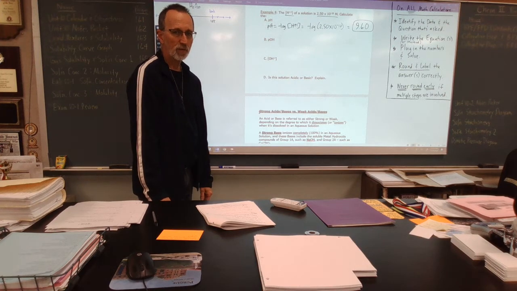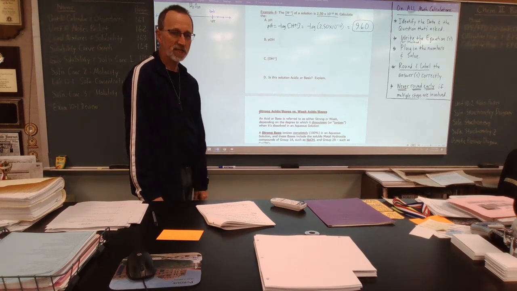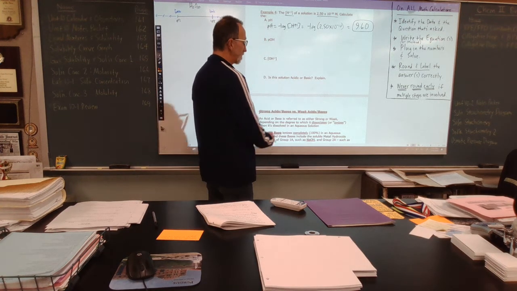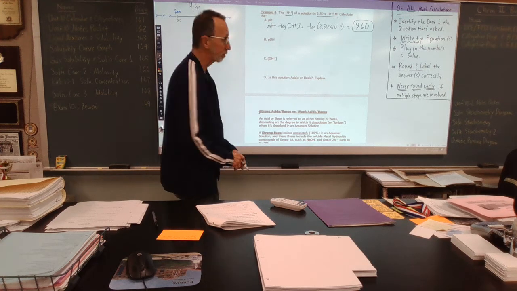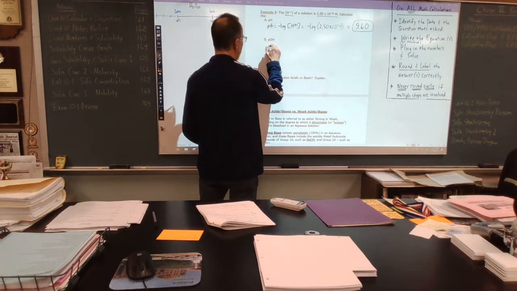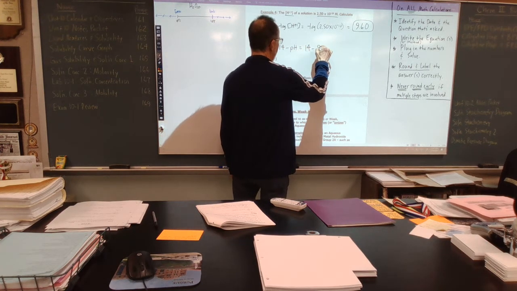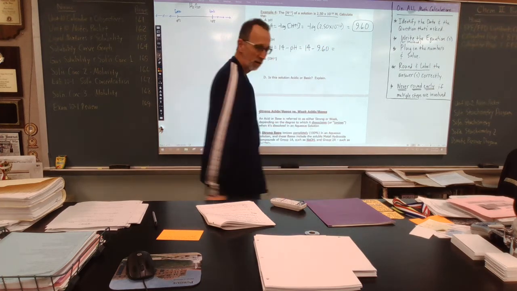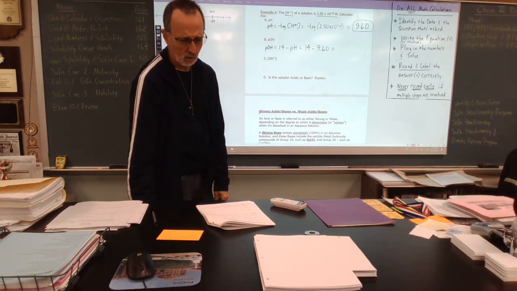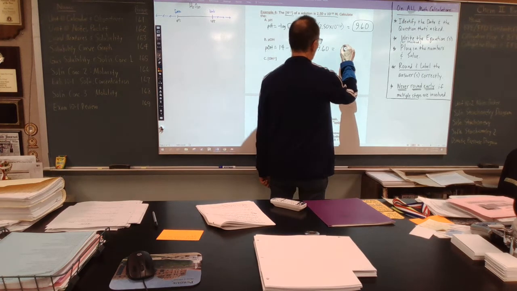pOH. Well, if we know the pH of a solution, we can always get its pOH very easily because the two together add up to 14. So the pOH would be equal to 14 minus the pH, or 14 minus 9.60, which would give us 4.40.